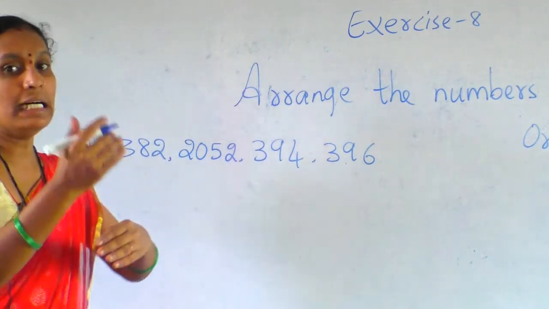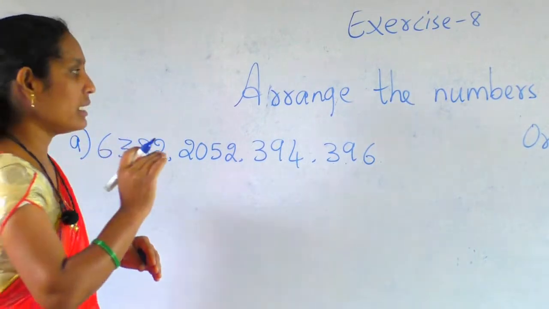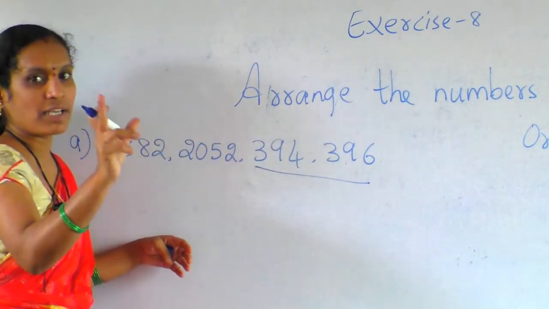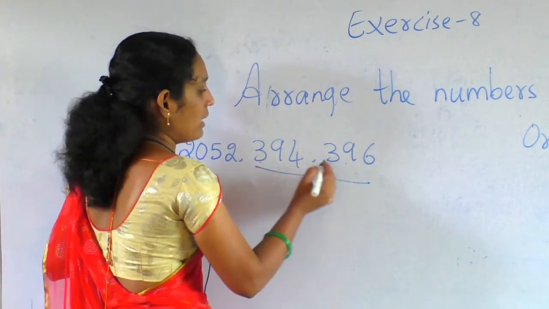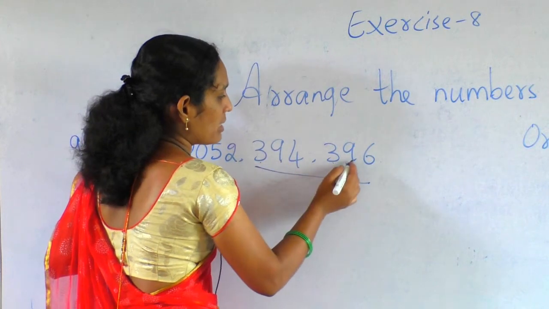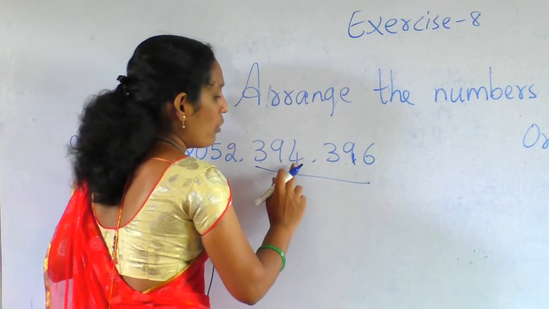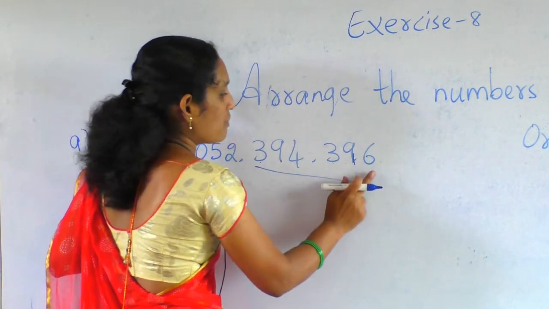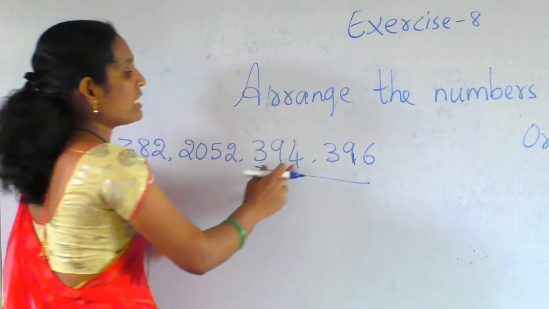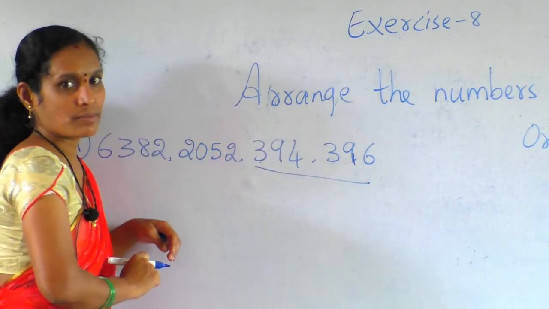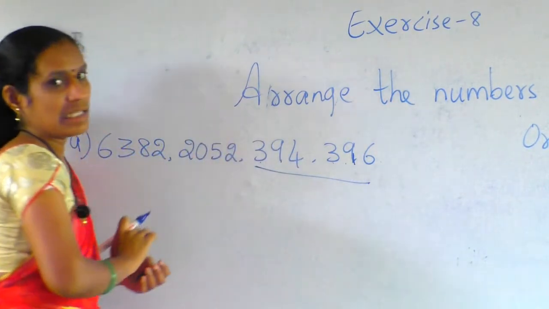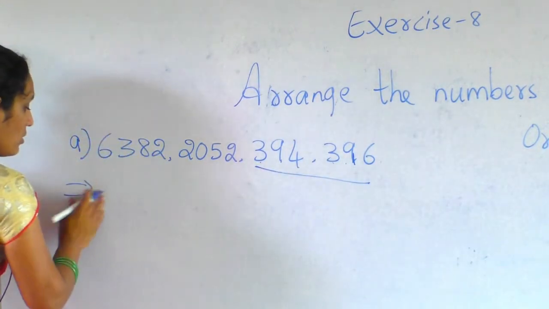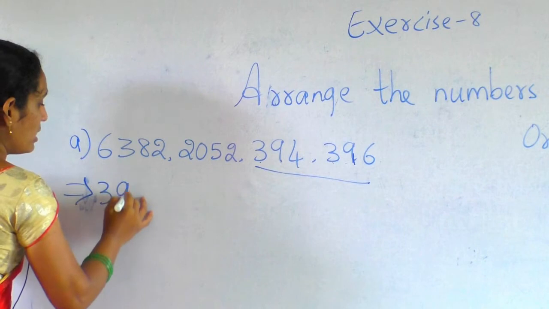But first we should take a smaller number. See, these two are smaller. In these two, we should find out which is the first smaller number. 3 is in hundreds place, 3 is in hundreds place, 9 is in tens place, 9 is in tens place, 4 is in ones place, 6 is in ones place. Which is smaller, 4 or 6? Absolutely, 4 is a smaller number. Then I will write first 394.